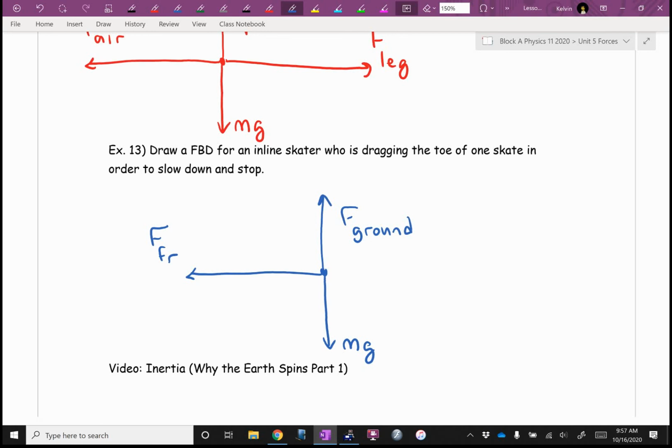Is inertia a force? What else? Is speed a force? Is velocity a force? Is velocity measured in newtons? Air resistance would technically be that way, but we're going to ignore air resistance.